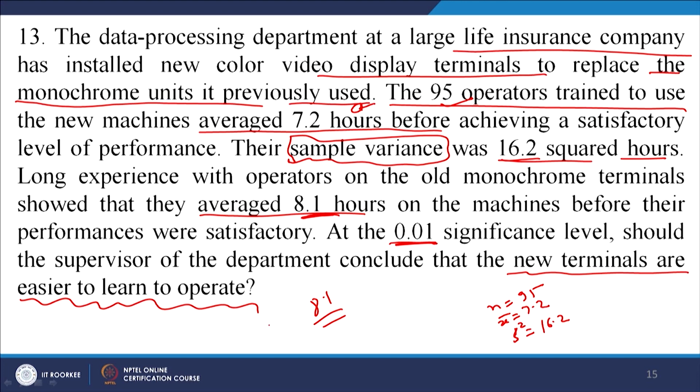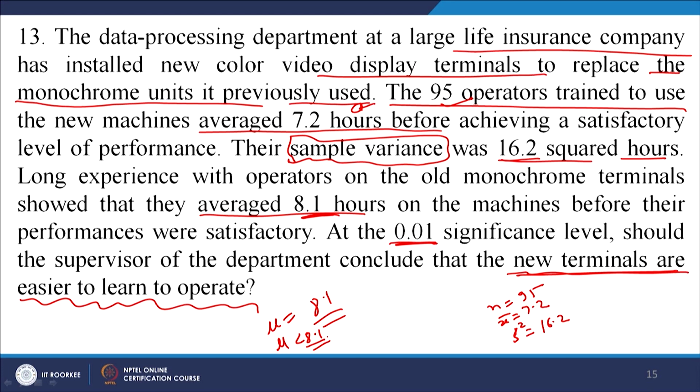This is the mean, 8.1. What we want to know is whether the department can conclude that the new terminals are easier to learn, meaning it takes less time. So, the alternative hypothesis is mean less than 8.1.